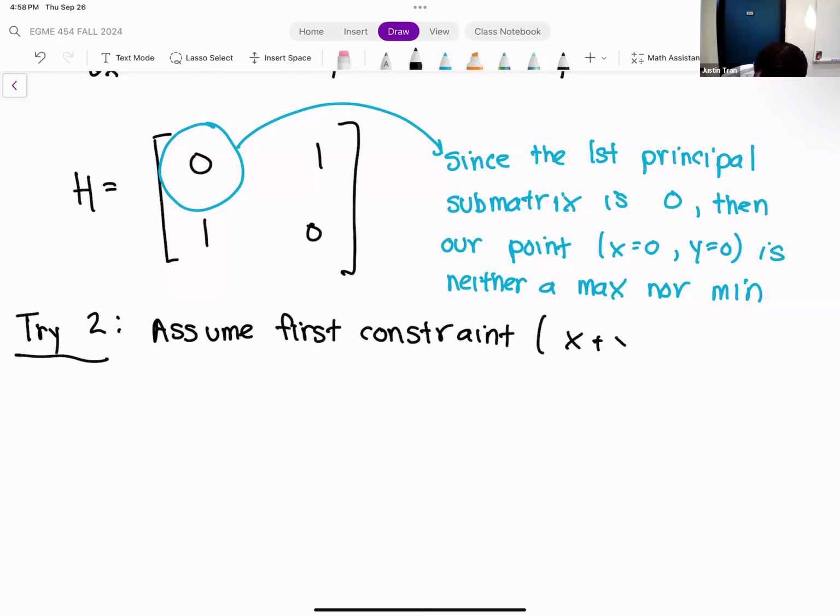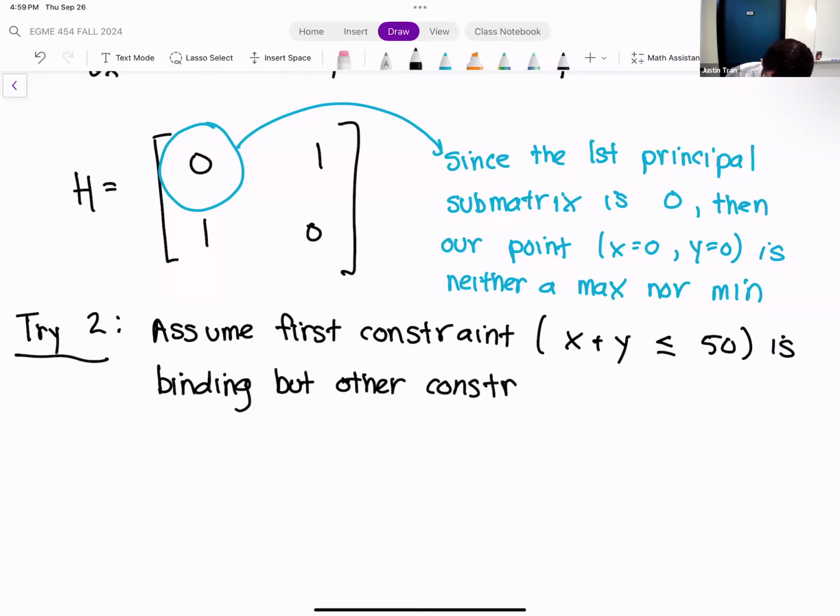And so our first constraint was x plus y has to be less than or equal to 50. Okay. So if our first constraint is binding, then we have to include it in our optimization. And so we're going to form a Lagrange function that incorporates that first constraint.